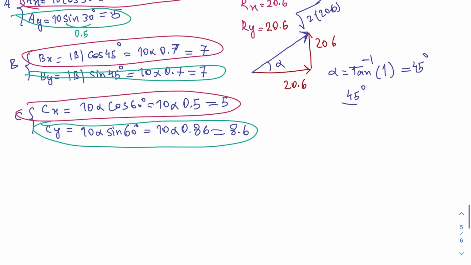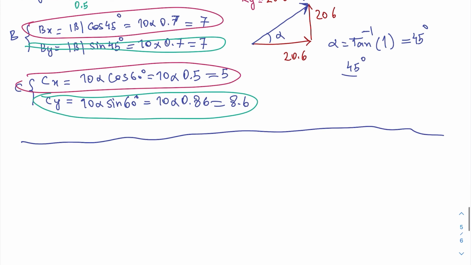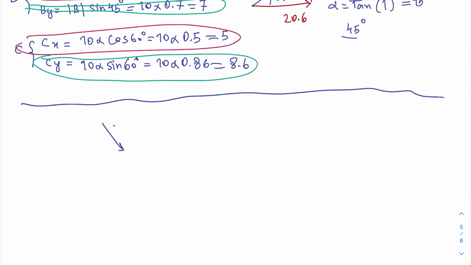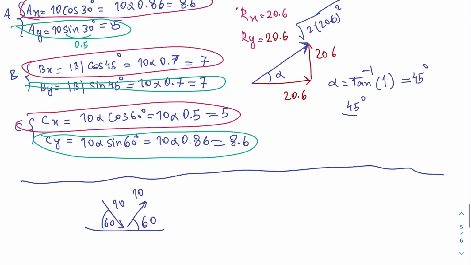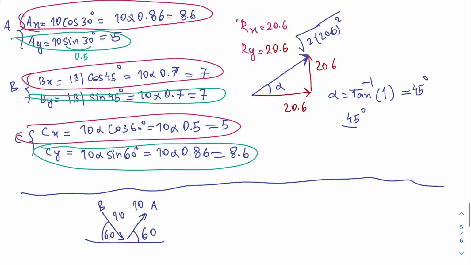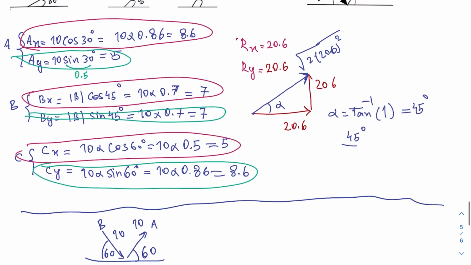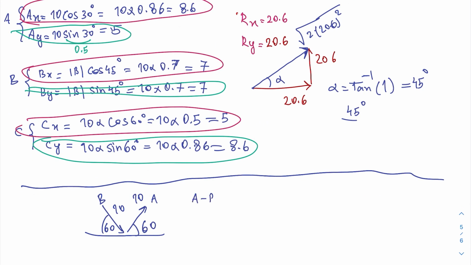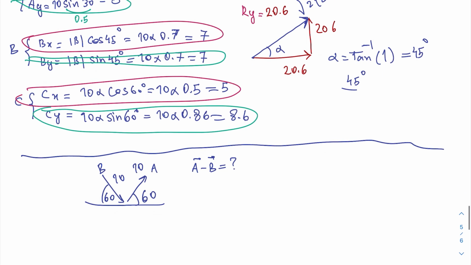In this case, let me draw it one more time here below because there is no space here. So this is 10 with the angle of 60 here, and another one which is 10 with the angle of 60 here. This one is A, this one is B, and I'm supposed to find A minus B. I'm supposed to find out the magnitude and the direction.